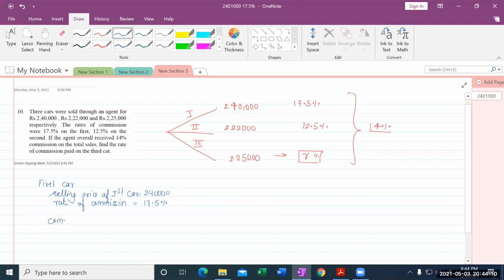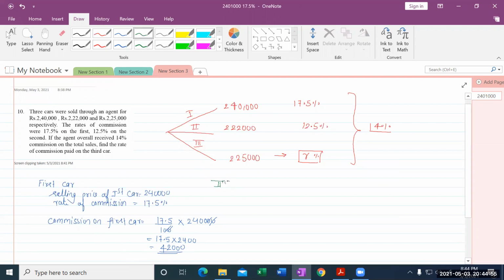I will get the commission on the first car, which is 17.5% of 2,40,000. Two zeros will get cancelled. It is 17.5 multiplied by 2,400. So we'll multiply these two figures. So it will be 42,000.